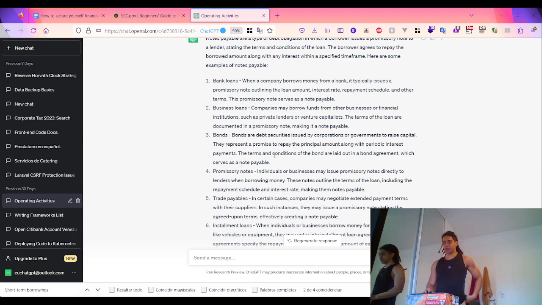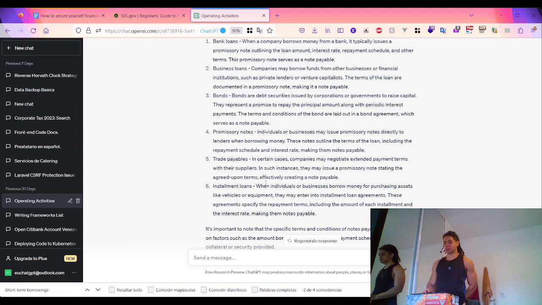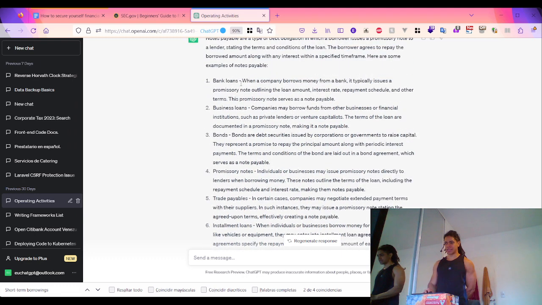Okay, so trade payables. A company may renegotiate and extend payment terms with their suppliers. In such instances, they may issue a promissory note stating the agreed upon terms. And installment loans. This note payable is an agreement between the borrower and the lender that outlines the conditions of the loans and the agreement to repay them.